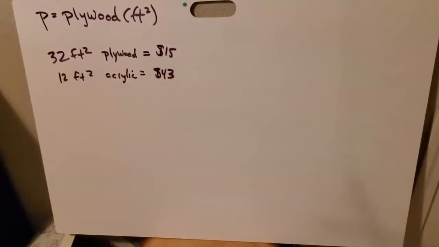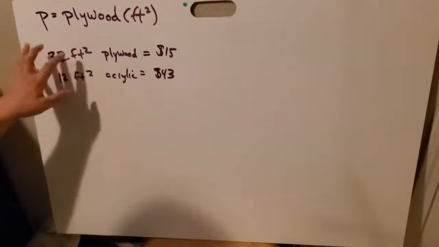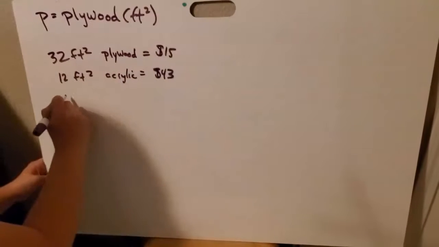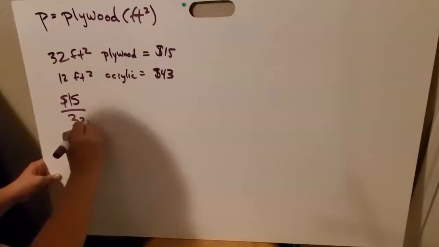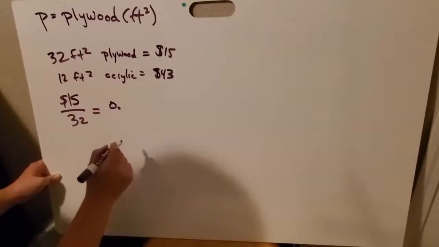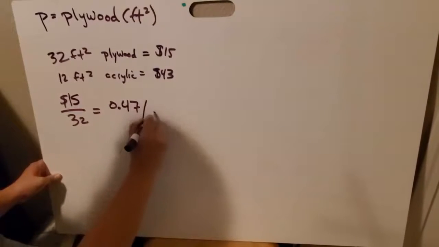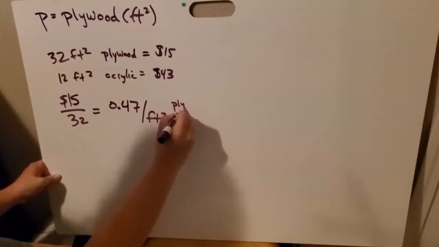So the first thing we're going to want to do with this problem is figure out the price of 1 square foot of each of the materials. If we want 1 square foot, we can divide this by 32 and this side by 32. So $15 divided by 32 equals 0.47 per square foot. And this is the cost of plywood.